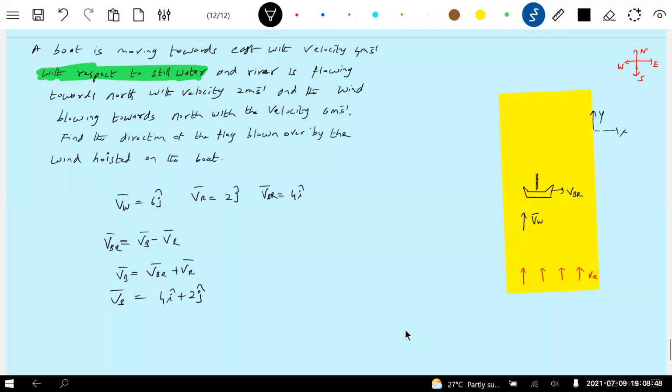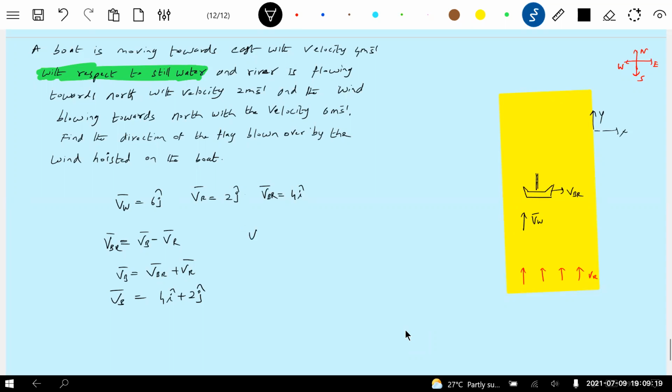I don't want the answer, I just want a general idea here. Will the flag flutter in the direction of wind, or in the direction of velocity of boat, or in the direction of velocity of wind with respect to boat? Velocity of wind with respect to boat, that is what is needed. That is a general idea which will help us in a lot of other problems.